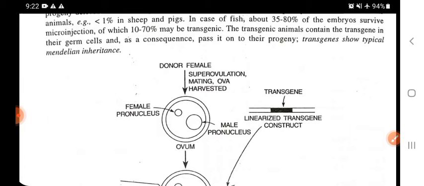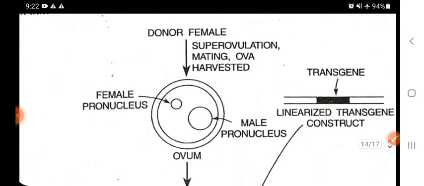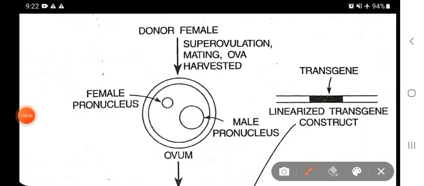In the case of animal cells, we construct the microinjection technique in a slightly different way. The process is almost the same, and let us see how it is done. Here we see a female animal subjected to superovulation.